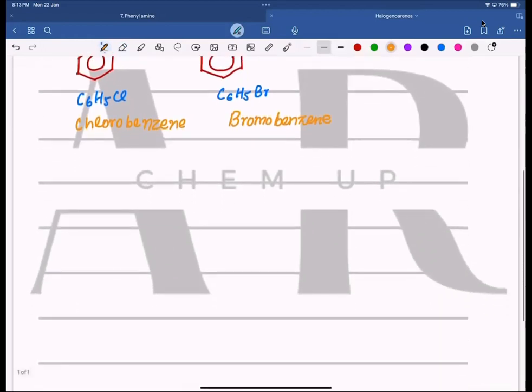How can we prepare these chloro or bromobenzenes? How can we prepare these halobenzenes? Can anyone recall? We need a halogen, chlorine or bromine, with benzene in the presence of a catalyst, anhydrous AlCl3 or anhydrous AlBr3, right?